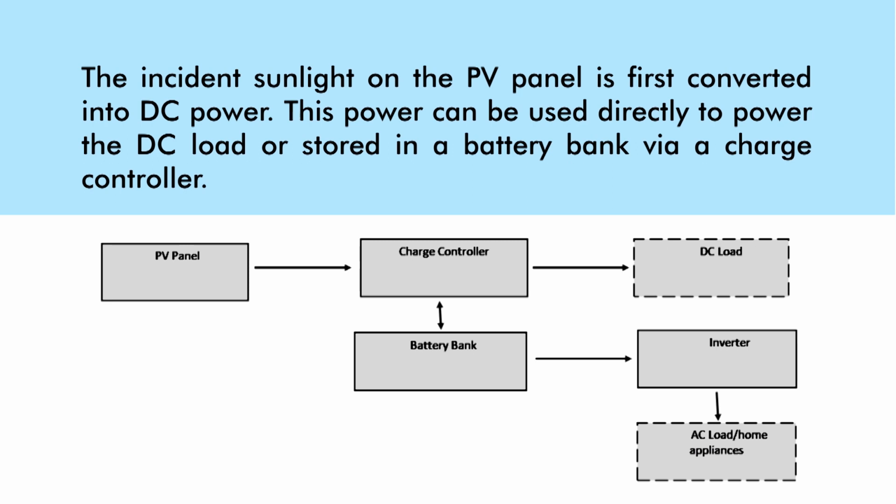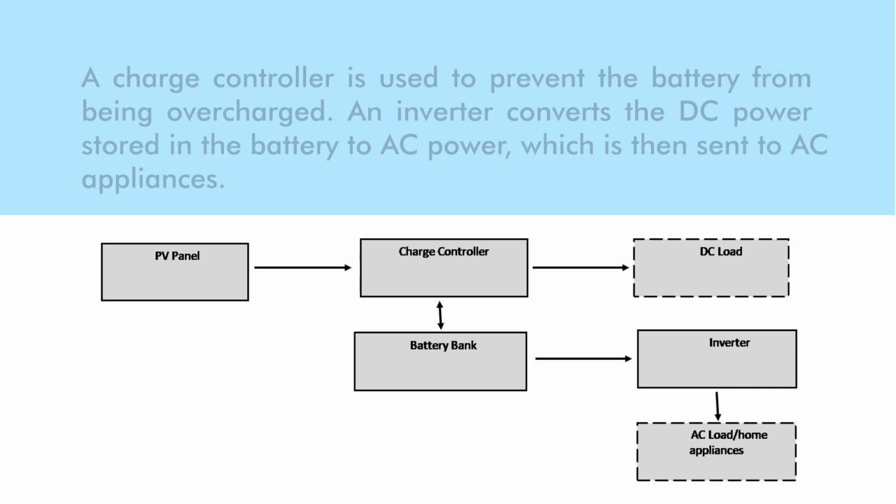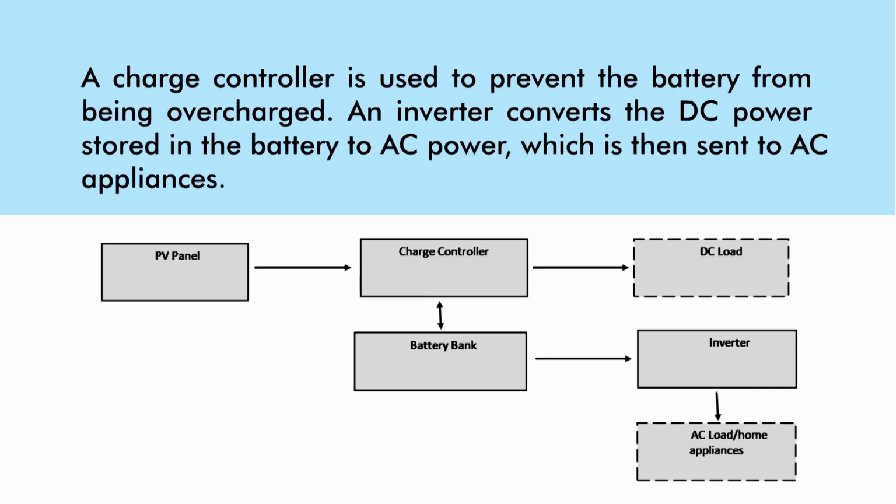This power can be used directly to power the DC load or stored in a battery bank by the charge controller. The charge controller is used to prevent the battery from being overcharged, and the inverter converts this DC power stored in the battery to AC power, which is then sent to the AC appliances.